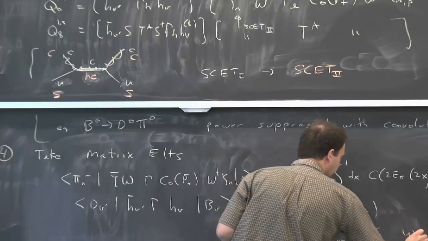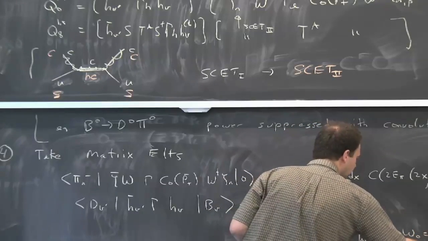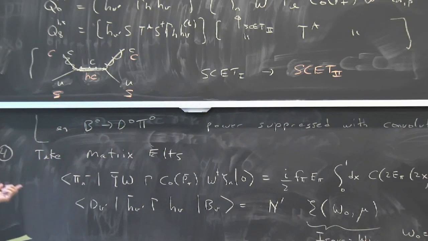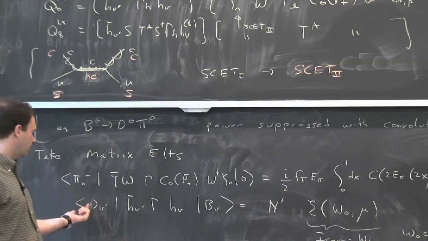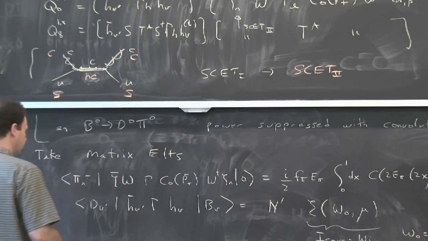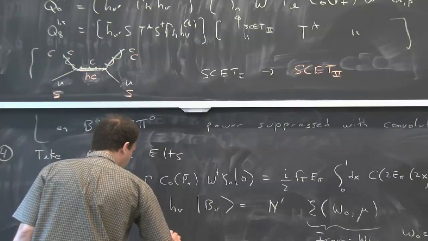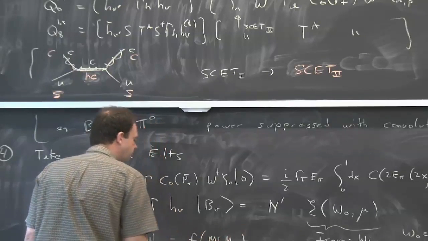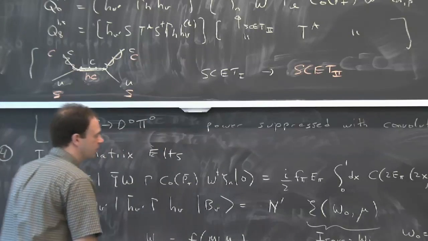And w0 is the kinematic variable that the form factor can depend on, which is v dot v prime, the labels on the fields, and that encodes the momentum transfer, which here is just related to the kinematics. So w0 is some function of m_B and m_D, which I'm not going to bother writing down.